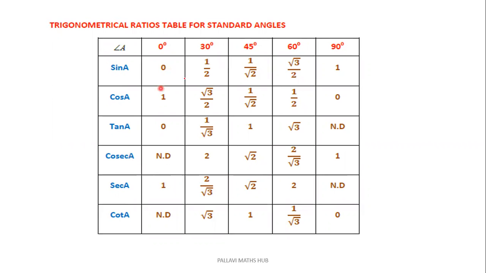In one earlier video, I explained shortcuts and tricks to remember the trigonometric angle values. I put the link in the description box. If you need, go through that. Next.